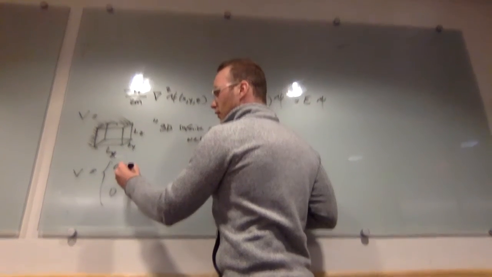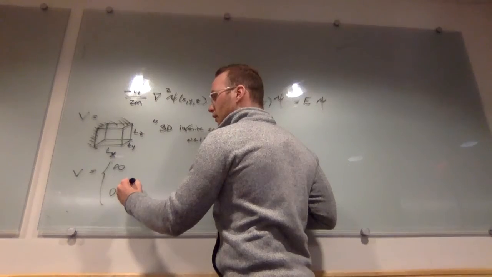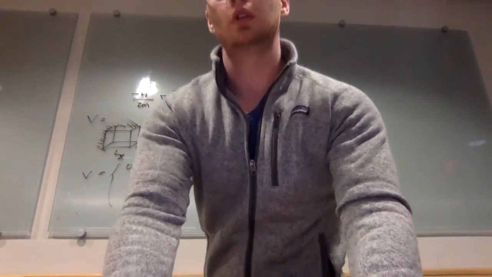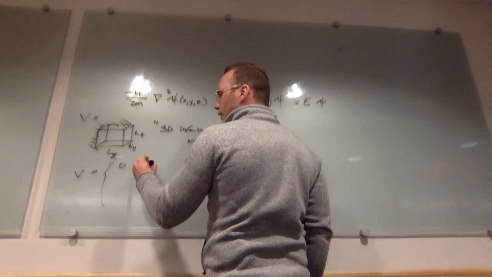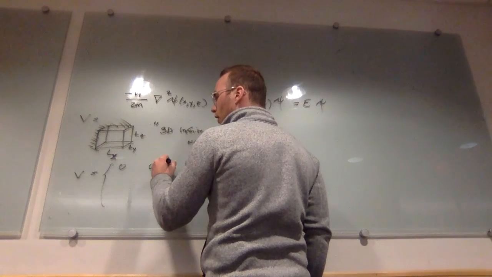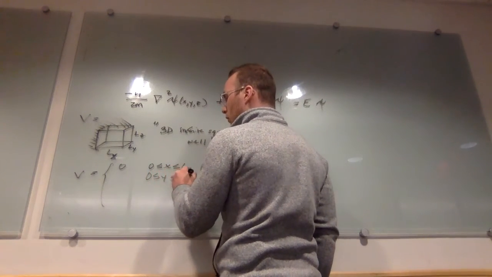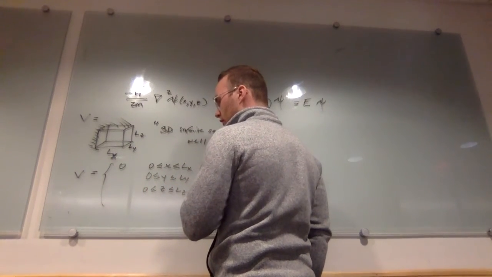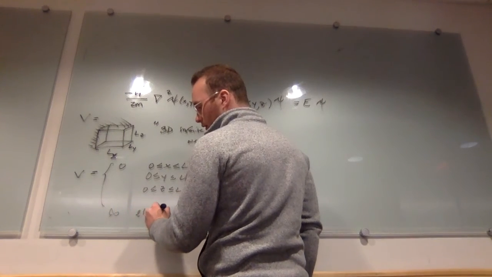And the potential will be infinity... sorry, how do I want to write this? Well, I'll say 0 from x equals 0 to Lx, y from 0 to Ly, z from 0 to Lz, and then infinity elsewhere.